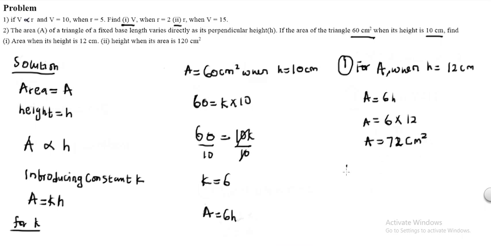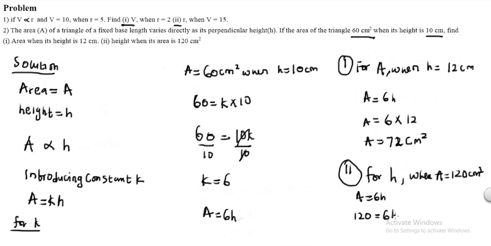For the second one, we are told to find the height when its area is 120 centimeter square. For h, when A is equal to 120 centimeter square, the formula we have on our hands is A is equal to 6h. So if you plug in 120 into this formula, you have 120 is equal to 6h.